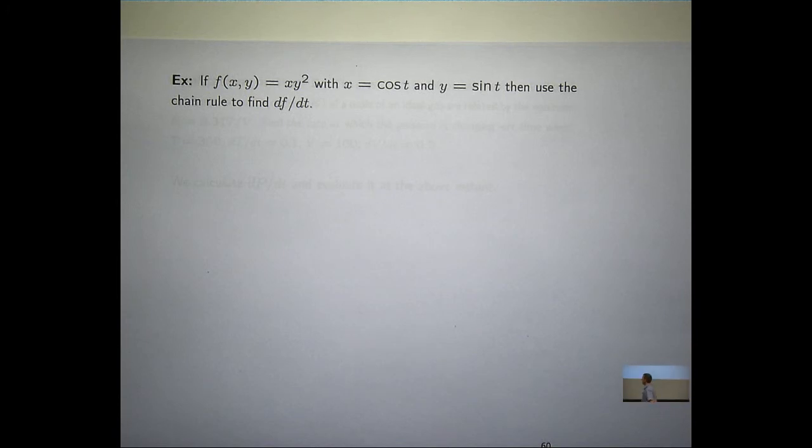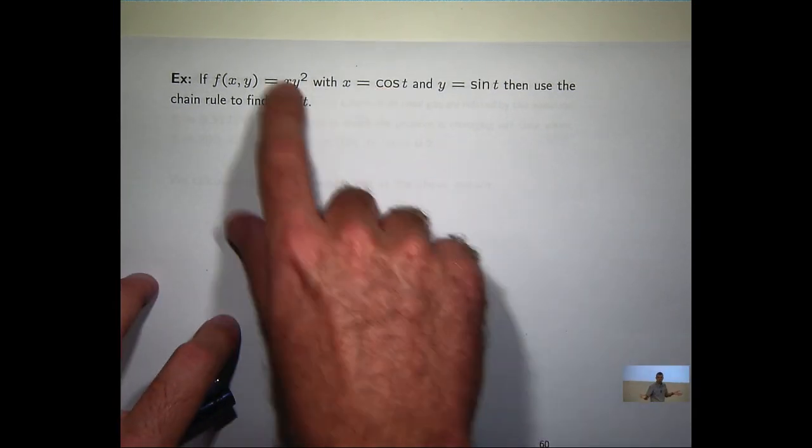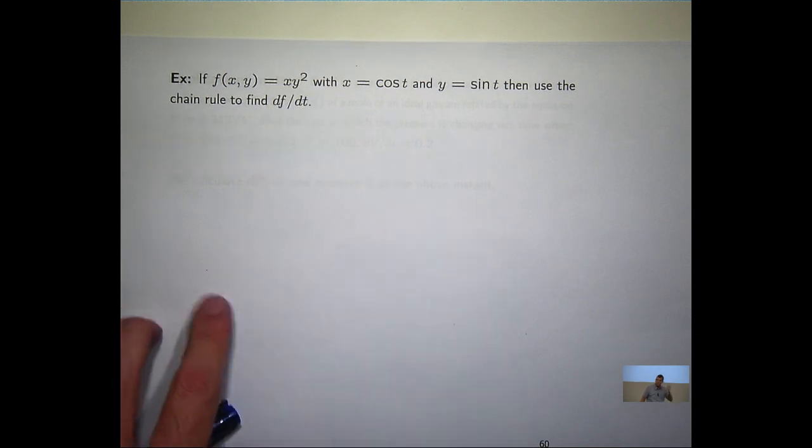Especially the education students in the room, what's slightly wrong with that question? Anyone? Well, that leaves me quite unsatisfied, because if I was a student, I would say, I don't need the chain rule. I can just sub that in there and differentiate it with respect to t.